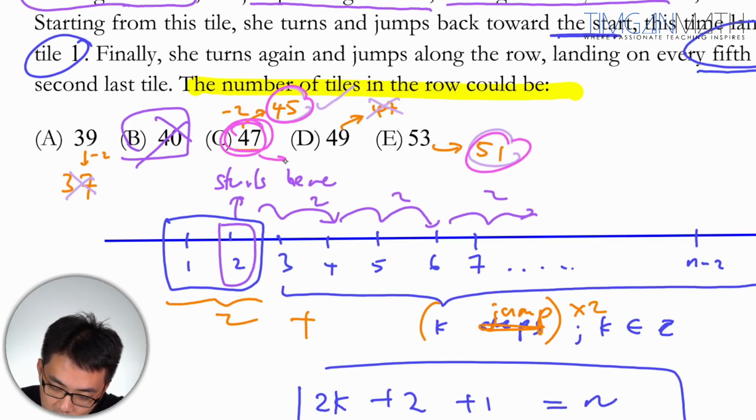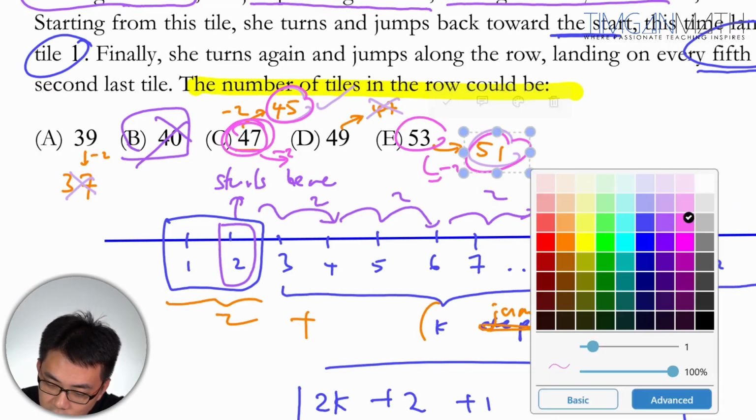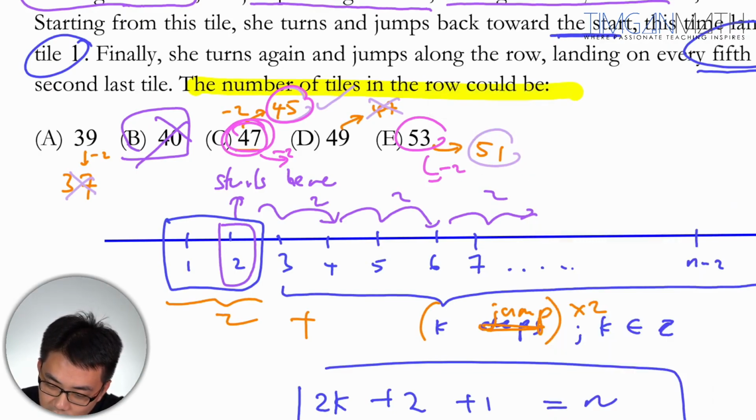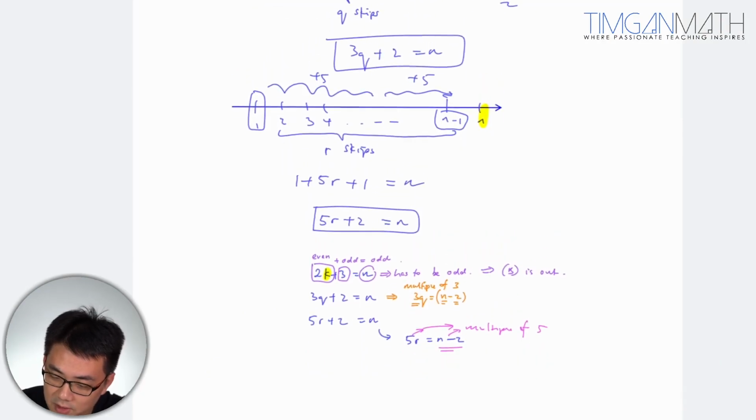We just subtract 2 here and here, from the two remaining options, not from 51. So if you minus 2, this will be 45 and this will be 51. Obviously 51 is not a multiple of 5, and 45 is a multiple of 5. So the answer has to be C, which is 47.